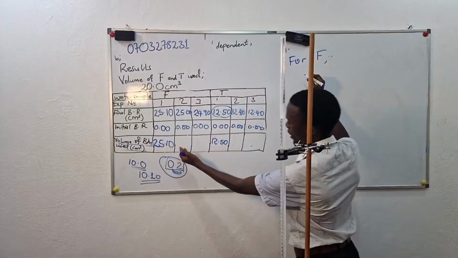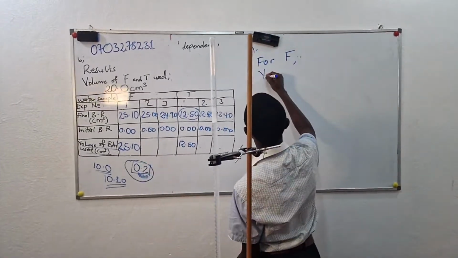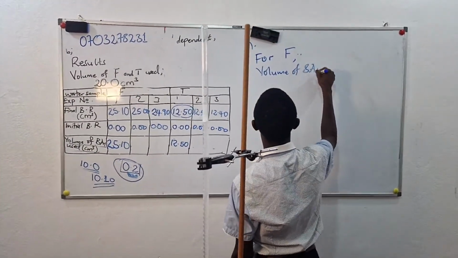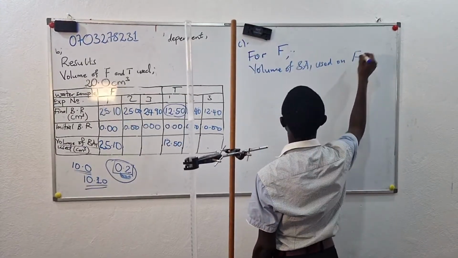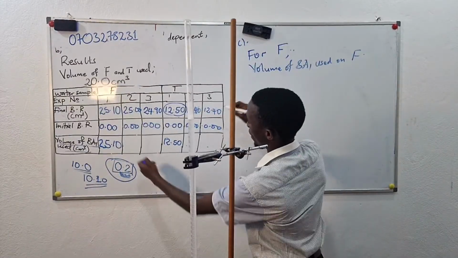Let's say if this value is 25, we are now looking for the volume of BA1 used on F.